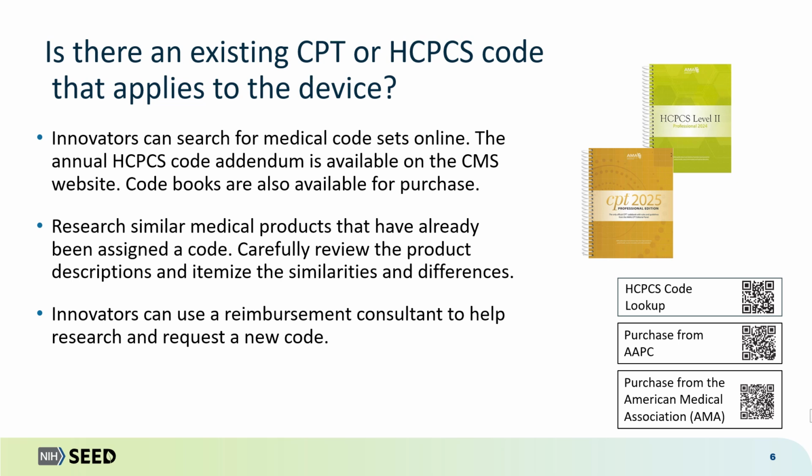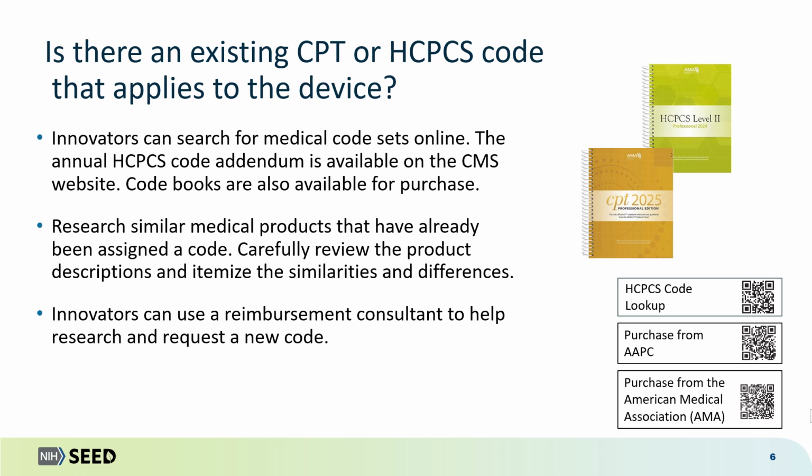The definitive source for all CPT codes and HCPCS codes, and the best source, is probably the CPT and HCPCS code books for the year that you are looking. You could possibly go to the CMS website and download all of the addendums and have a complete HCPCS code set. That's going to be a tough thing to do. Much easier to pick up the CPT code book or the HCPCS code book.